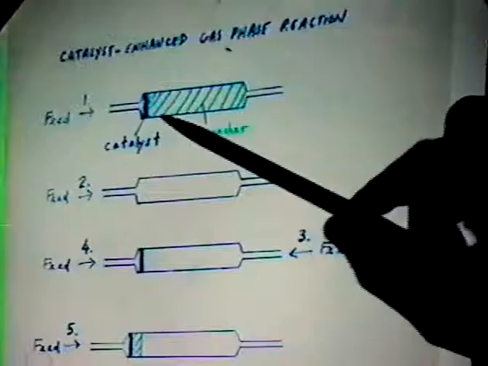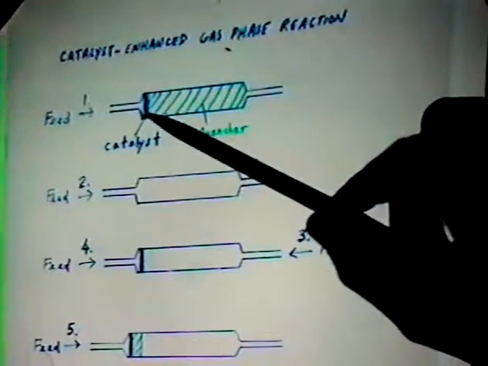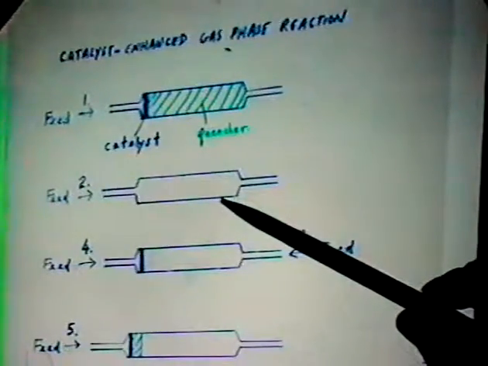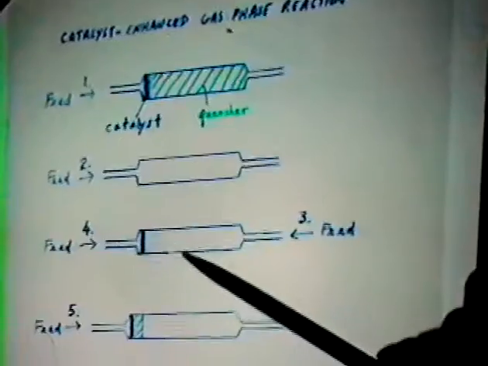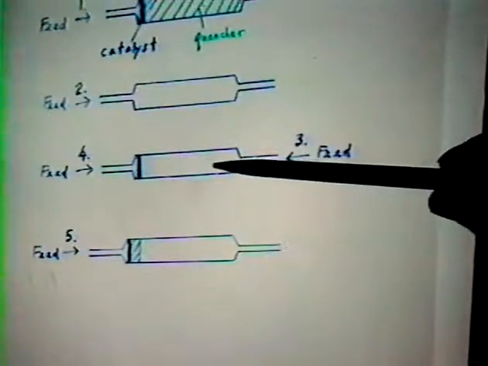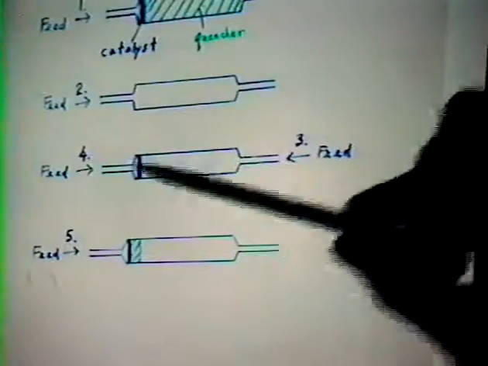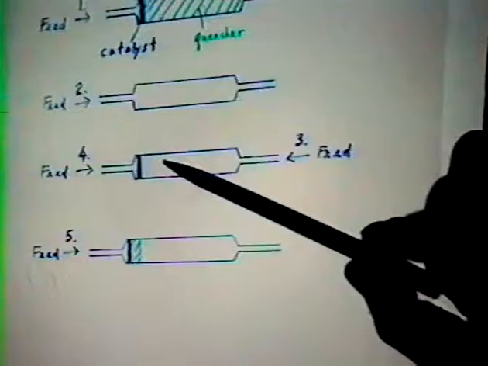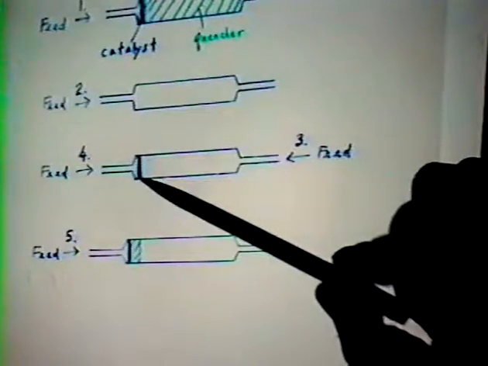And then we take off all the quencher in the volume there, the 1 inch volume, and take off the catalyst and find out what is the reaction due to the gas phase alone. Then we'll put the catalyst there with the empty volume, and we can put the feed from the empty volume side, then what we detect at the outlet of the reactor will be the reaction due to the gas phase and due to the catalyst separately.